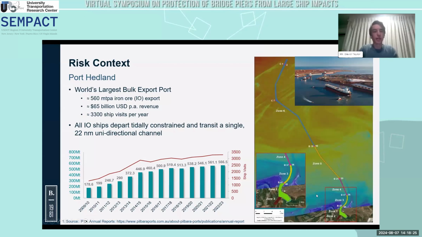So just to provide some context of the site that I'm going to be talking about today. Port Hedland is located in northwest of Australia. On a world scale, it's one of the largest port operations. It is the world's largest bulk export port, and through a single channel, exports approximately 560 million tonnes of iron ore each year.